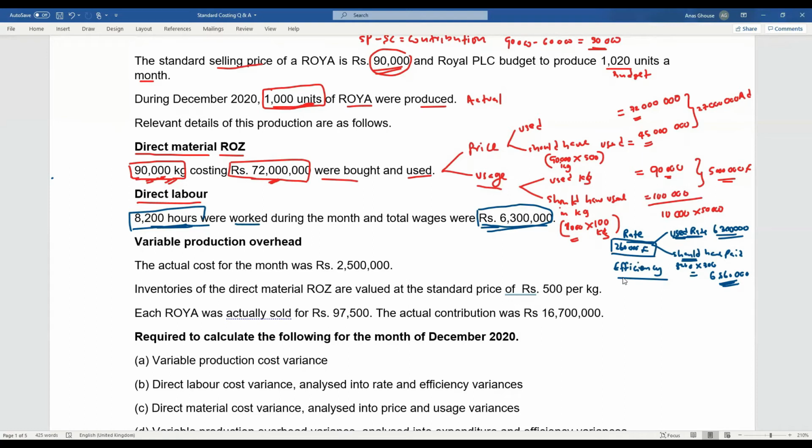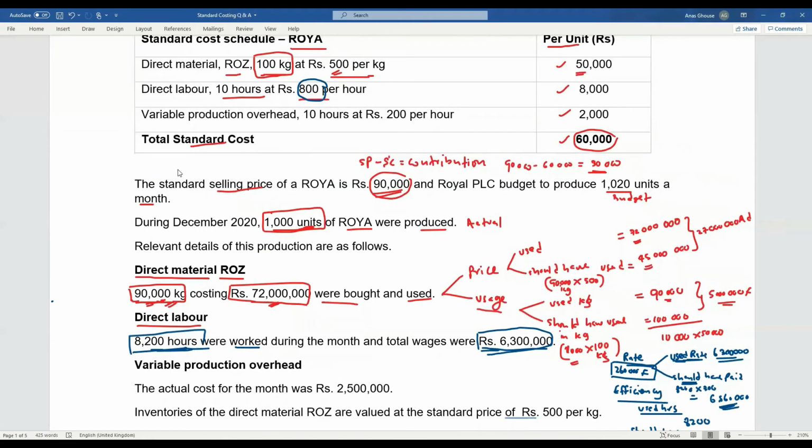Now the efficiency variance. We also need to calculate how much was used in terms of hours and how much we should have used. Used hours: 8,200. How many hours should we have used as per the plan?